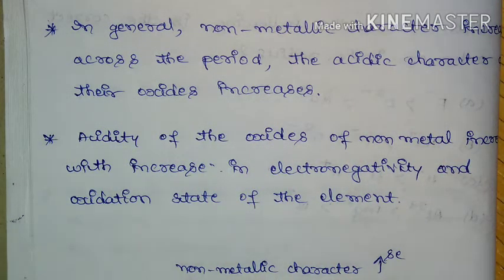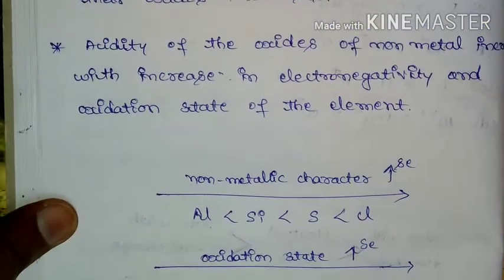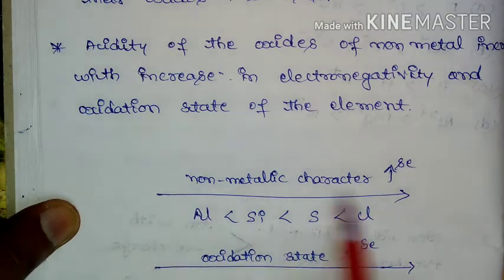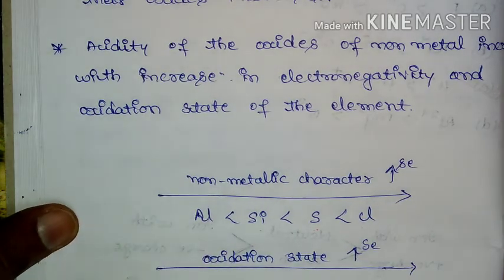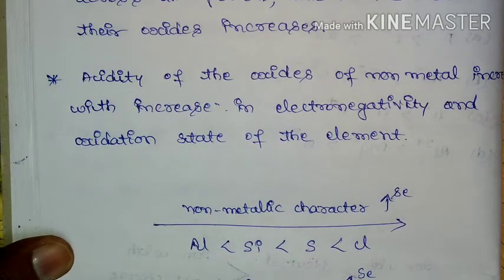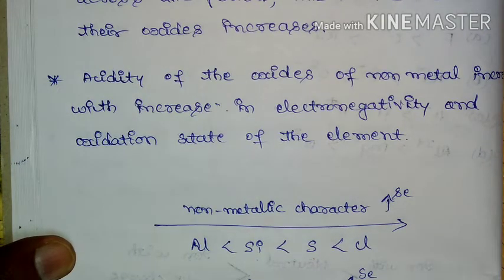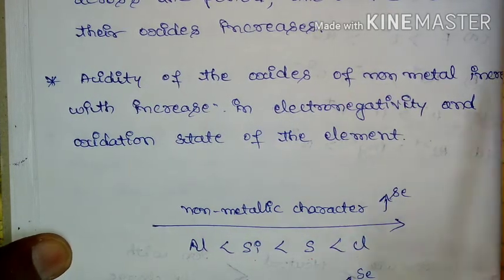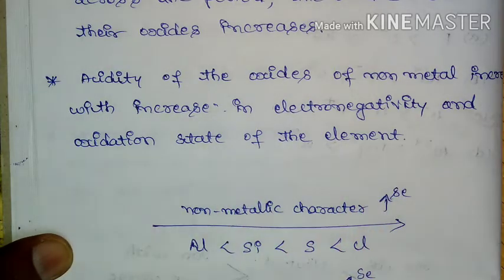Means if we move along the period, from aluminum to silicon, silicon to sulfur, sulfur to chlorine, the non-metallic character increases, and their respective oxides' acidic character also increases. And one more concept to decide the acidic character: the acidity of the oxides of non-metals increases with increase in electronegativity and oxidation state of the element.